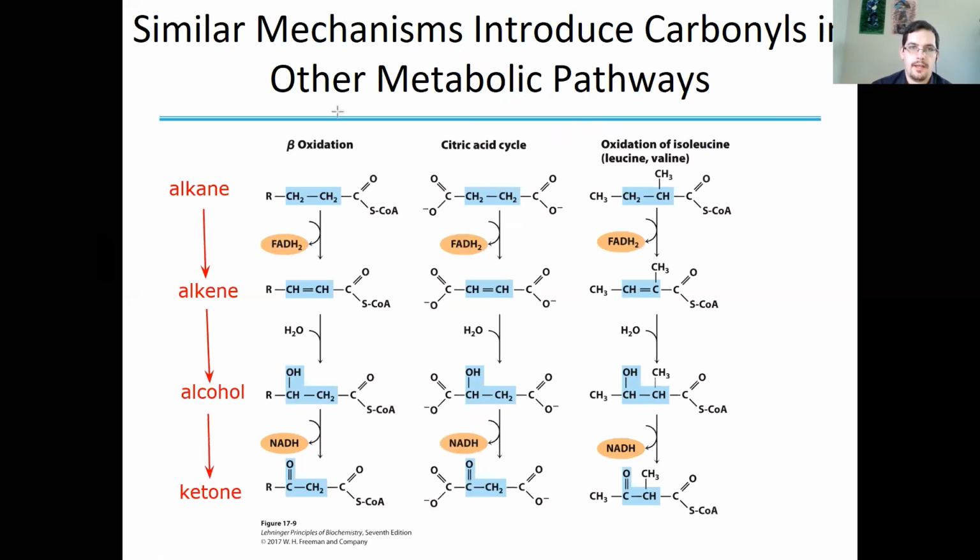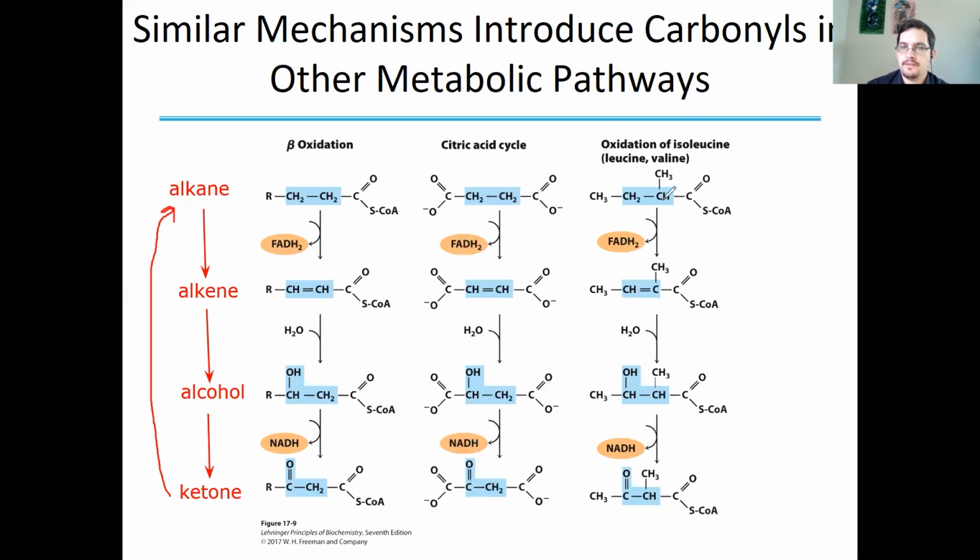And in our case here, we can repeat that continually, because we just cut off that ketone and we get a new alkane, and you just keep going through that cycle. We also see a very similar pathway with amino acids as well, which we'll look at more later.